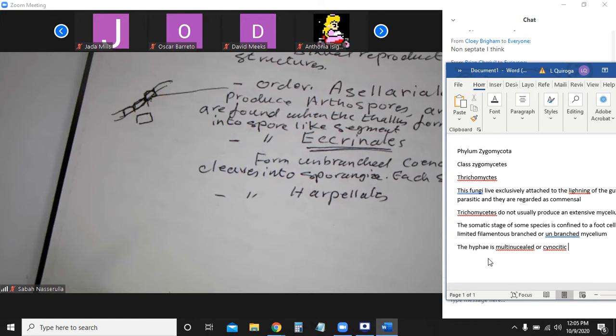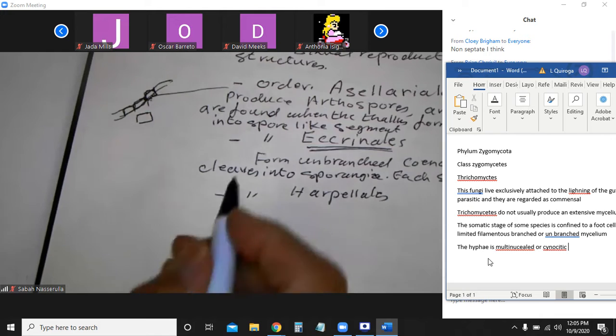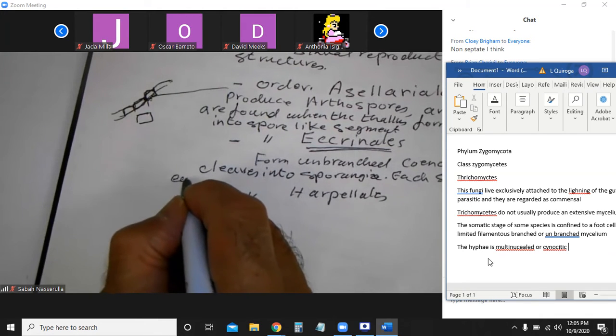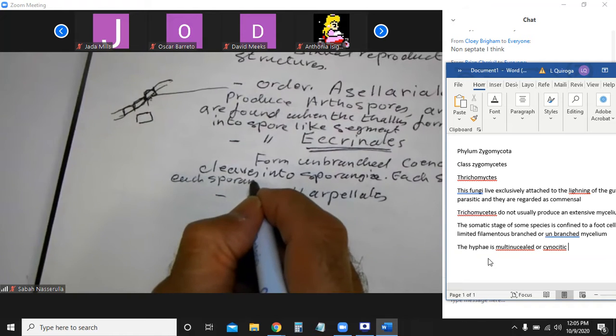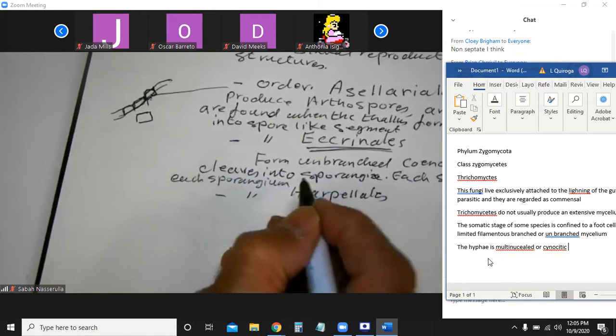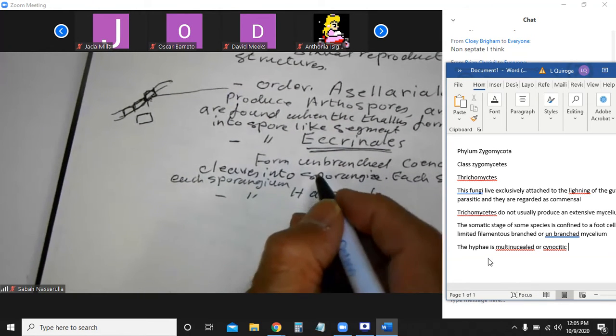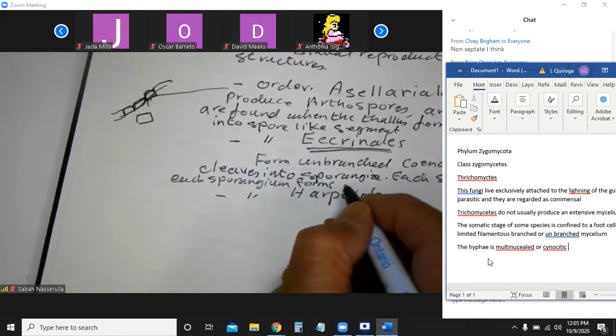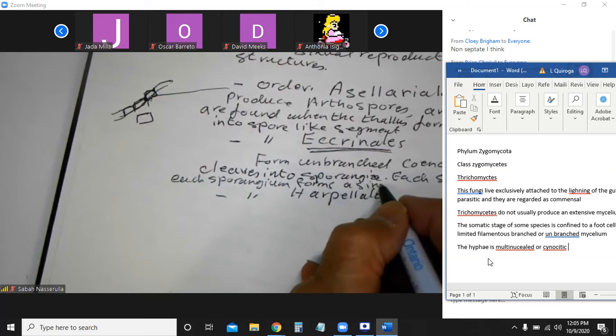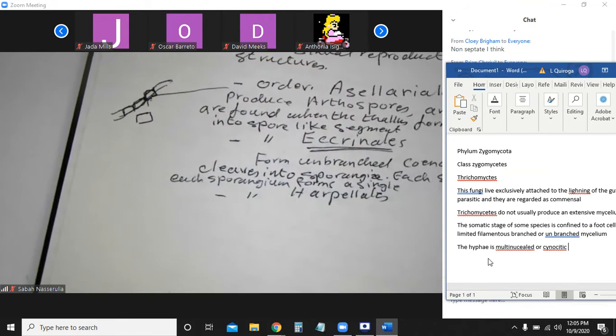And each sporangium forms a single, meaning only a single spore, which we call a sporangiospore.